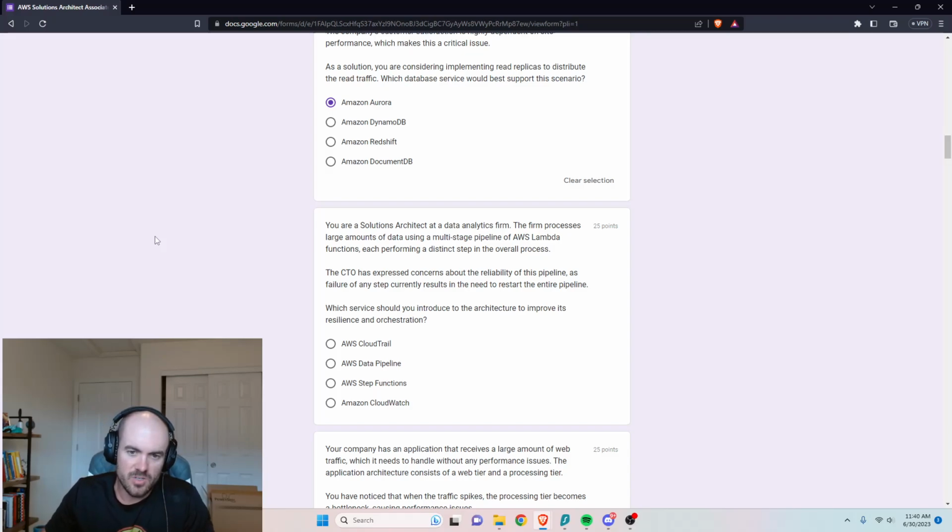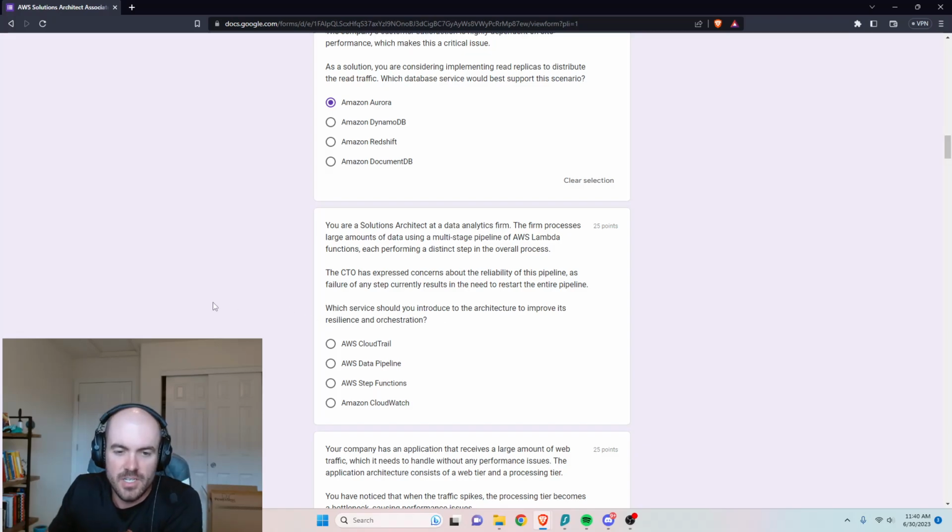Which service should you introduce to the architecture to improve its resilience and orchestration? All right, so processing large amounts of data using Lambda functions, and we need to improve resilience and orchestration.